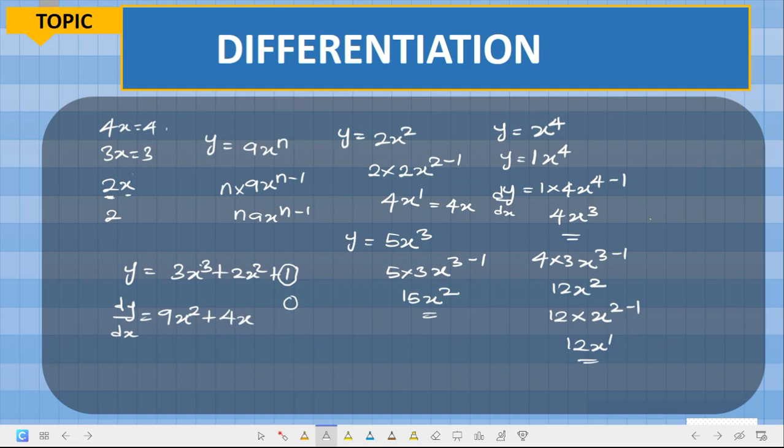Because what we did is 3 times 3, then we wrote x, 3 minus 1, plus 2 times 2, then we wrote x, 2 minus 1. 3 times 3 is 9, x, 3 minus 1 is squared, plus 2 times 2 is 4x. And that is the answer to that question. So in this course, we are going to be doing much calculation on differentiation using what we just learned. Let's continue.